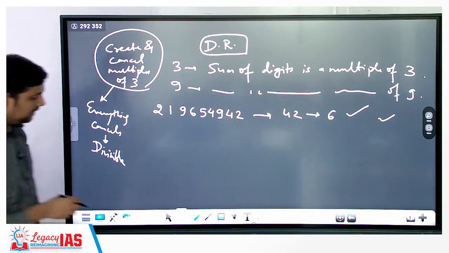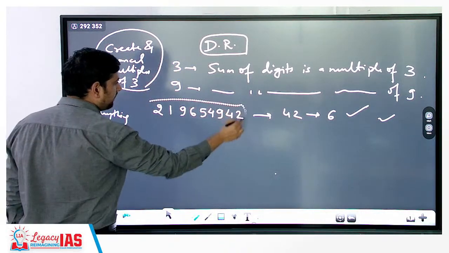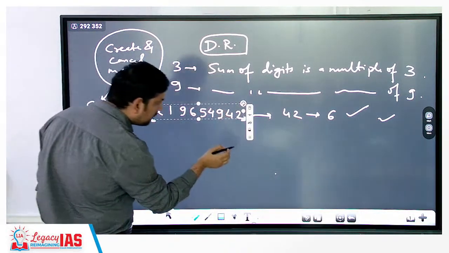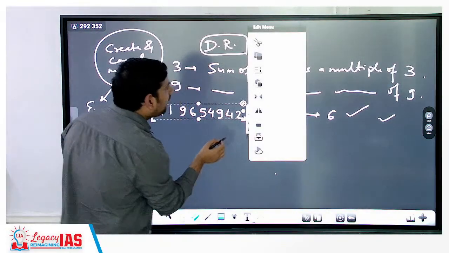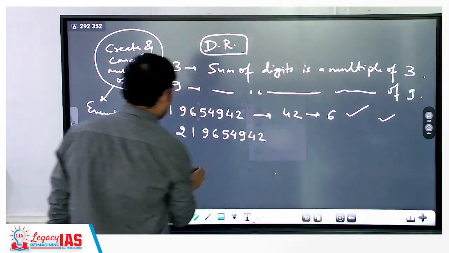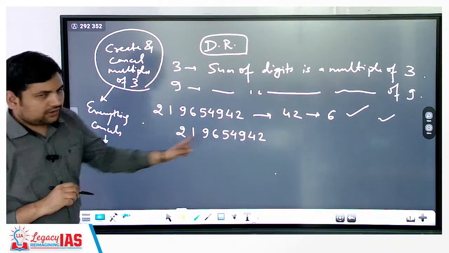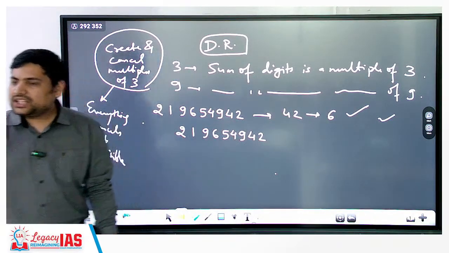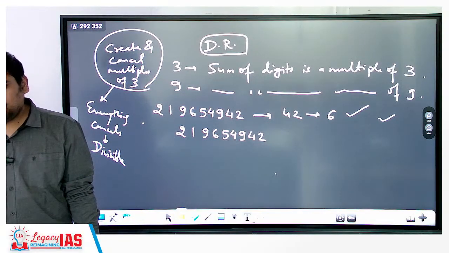For example, I'll do it for this one. So let's do it for this number. What I'll do, I will create and cancel out multiples of 3, because eventually that will be divided and gone.